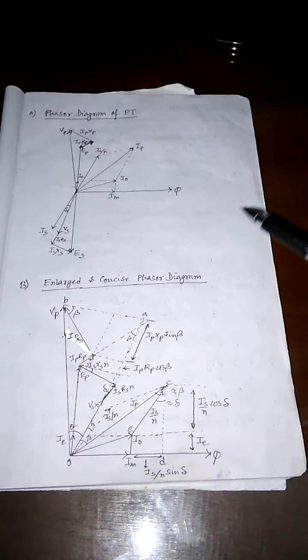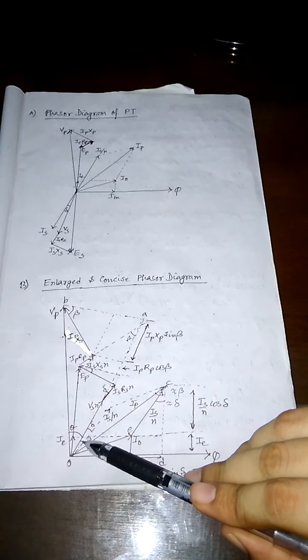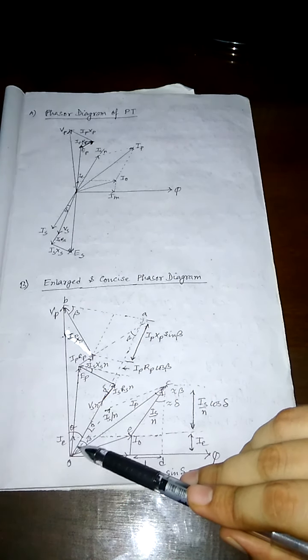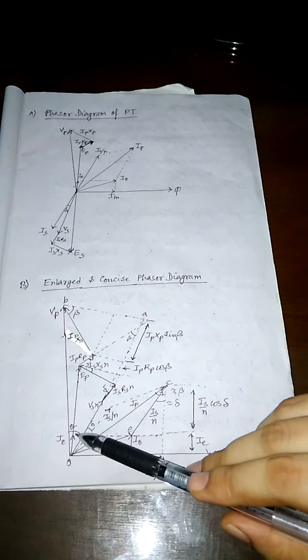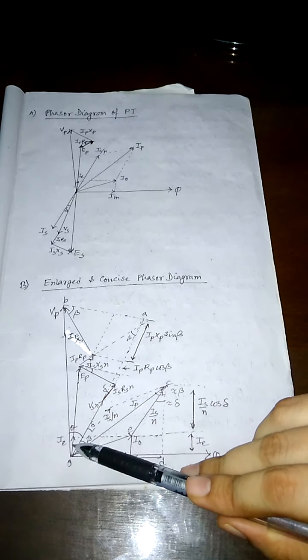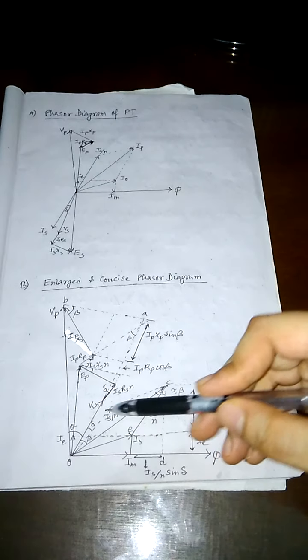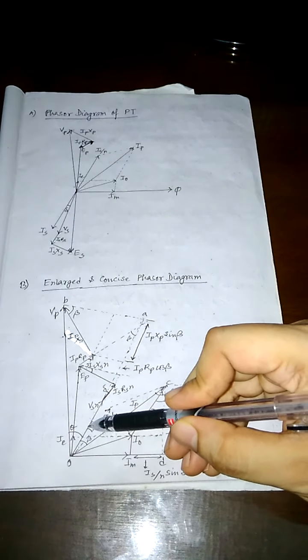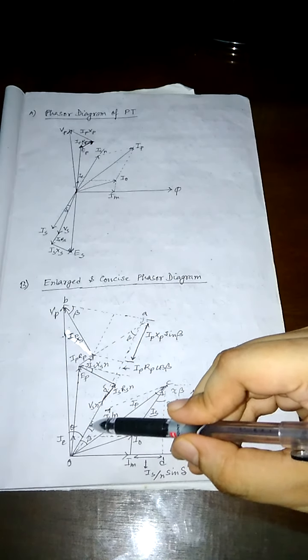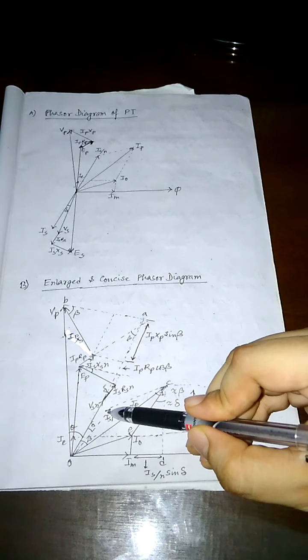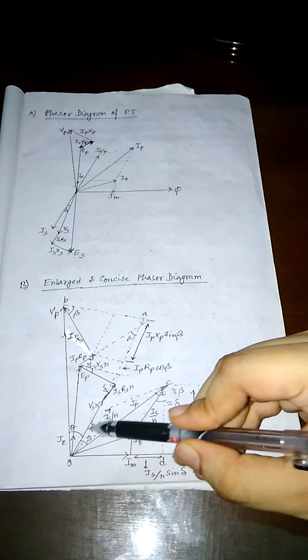So this is the beta that is between Ip and Vs reversed. This is theta that is between Vp and Vs reversed, and this is that particular sigma that is between Vs and Is. So these three angles.